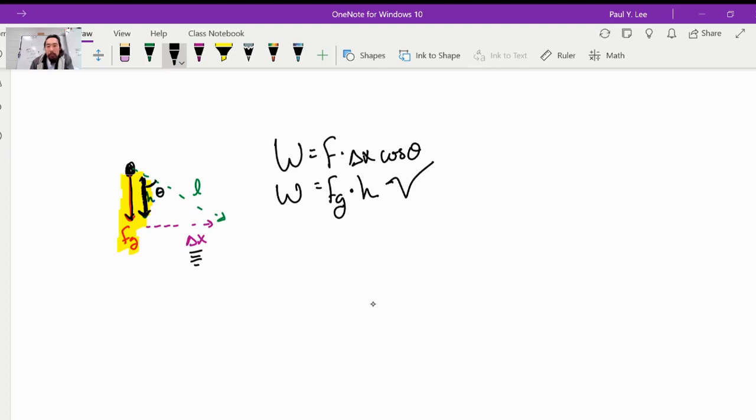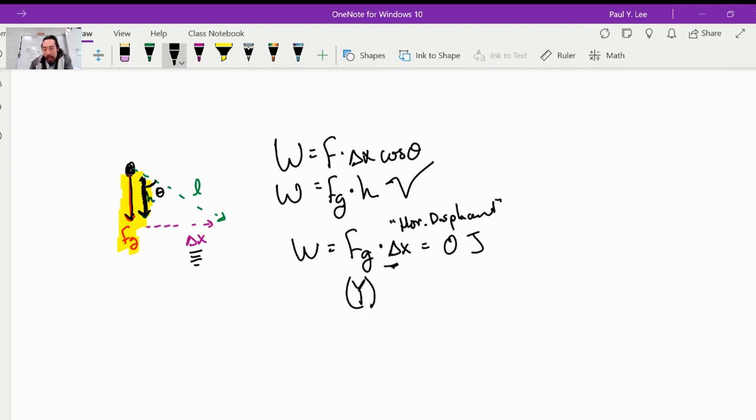Now, what about the work done by delta x? If W is equal to Fg times delta x, the horizontal displacement, because that h is the vertical displacement, we can say that this is equal to 0 joules, because the force of gravity is along the y-axis, but this delta x is along the x-axis.